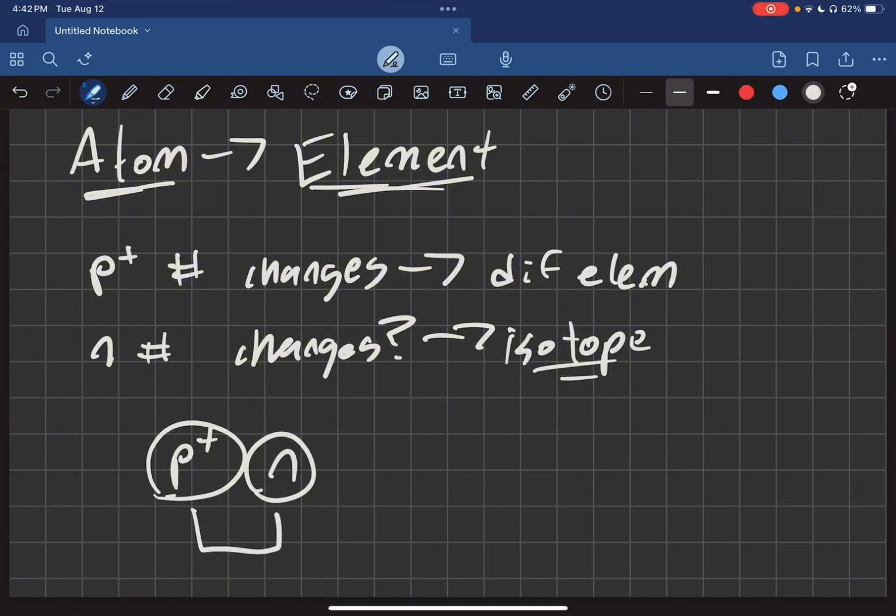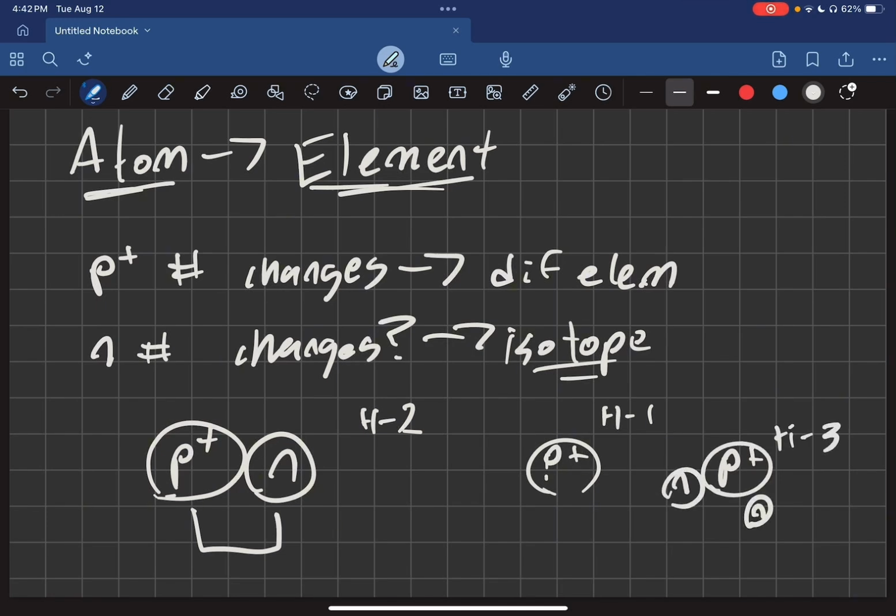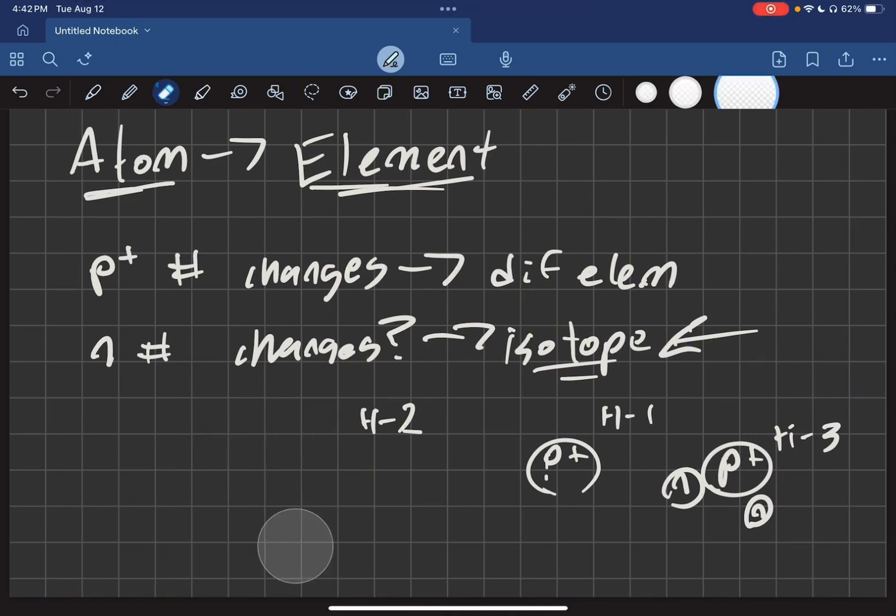Maybe you have one proton, one neutron, so hydrogen, and that would be the hydrogen 2 isotope. Or you could have just one proton with no neutrons. That would just be the hydrogen 1 isotope. Or maybe you'll have a proton and two neutrons, and that would be the hydrogen 3 isotope. So all the isotope is, if you have an element, what if you have a different number of neutrons?